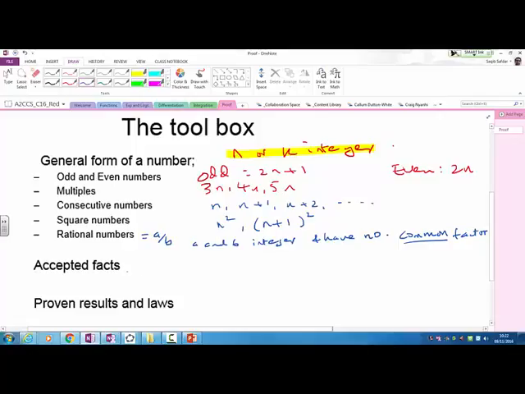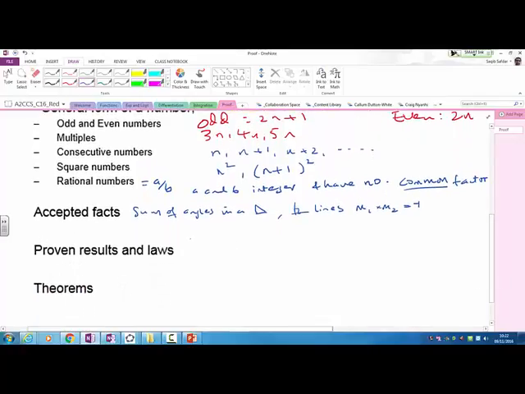Accepted facts are things like the sum of angles in a triangle, also perpendicular lines, m1 times m2 equals minus 1. Proven results and laws are things like the index laws, the log laws, also the discriminant, d equals b squared take away 4ac, which gives us the nature of the roots.